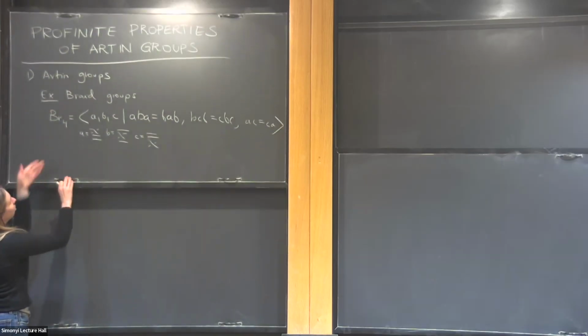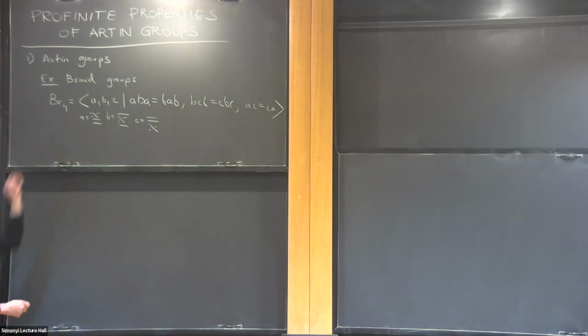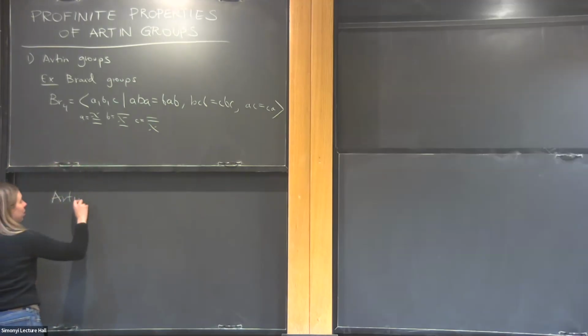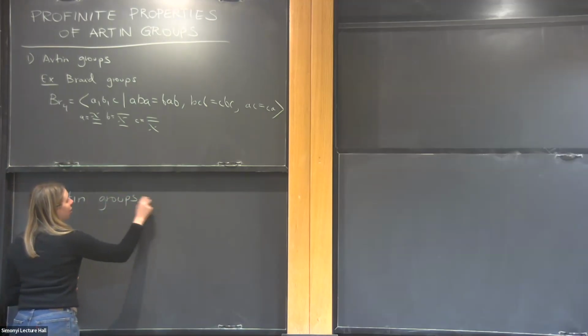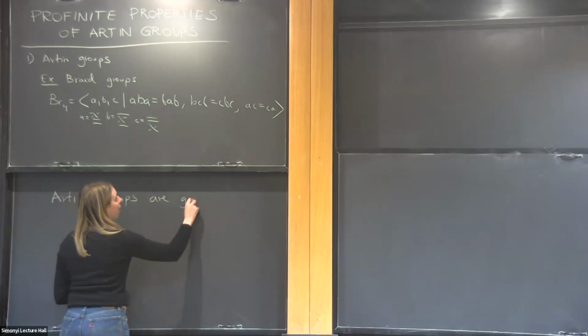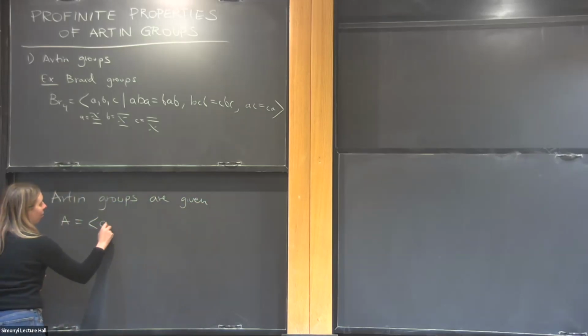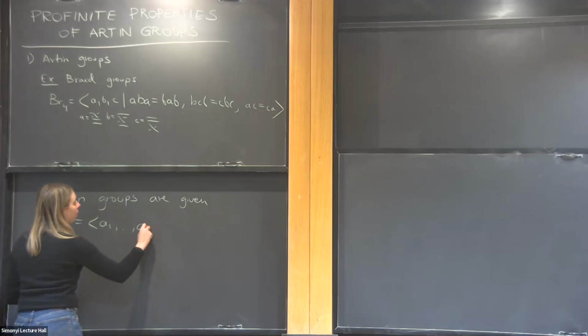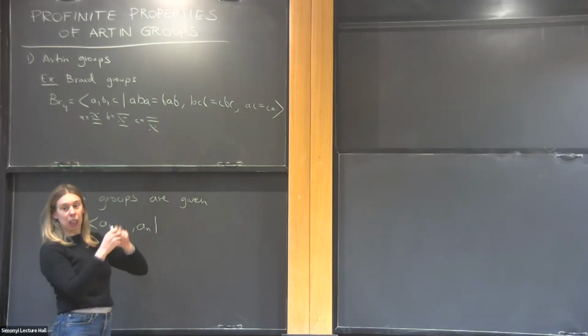The easiest way of defining Artin groups is also in terms of presentations, because they're always given by presentations that look like the one above, but a little more general. So Artin groups are given by presentations where we have some number of generators and relations that look like those, but are possibly longer.